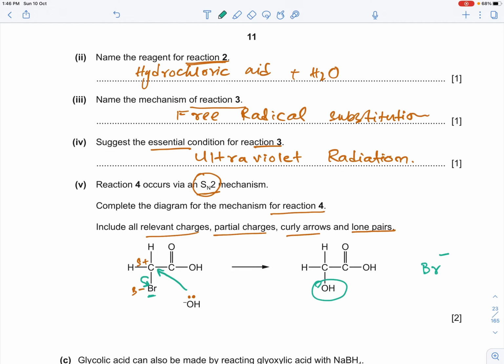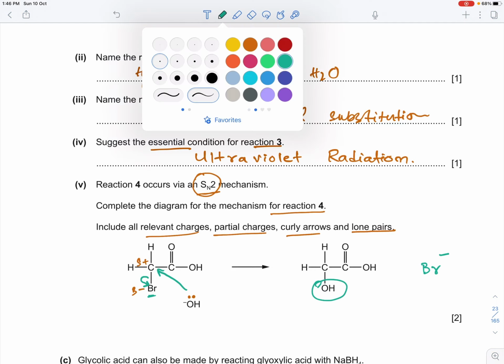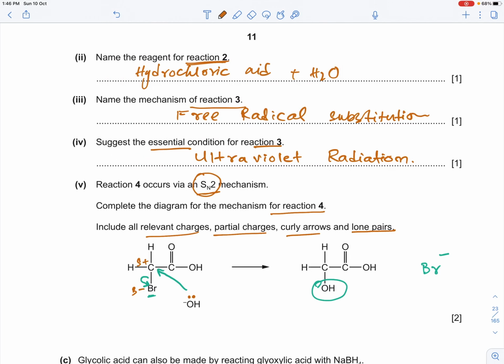In the SN2 mechanism, both bond breaking and bond making occur in a single step. You can see that on one side, OH minus is transferring its electron density towards carbon, so this bond is in the making process. This is bond making. And on the other side, the C-Br bond is breaking. So this is bond breaking.